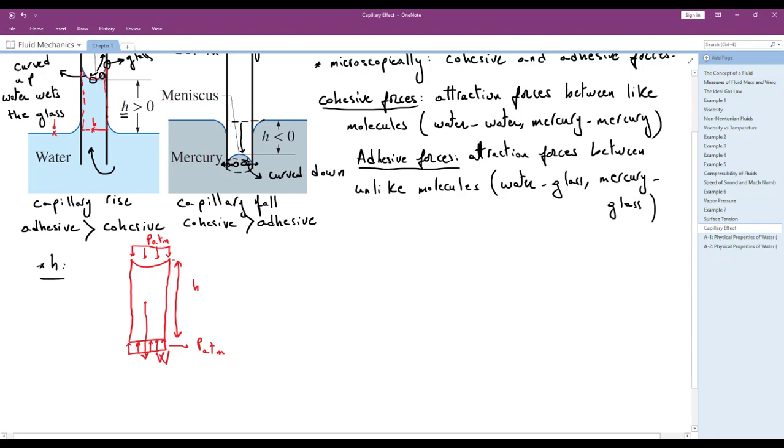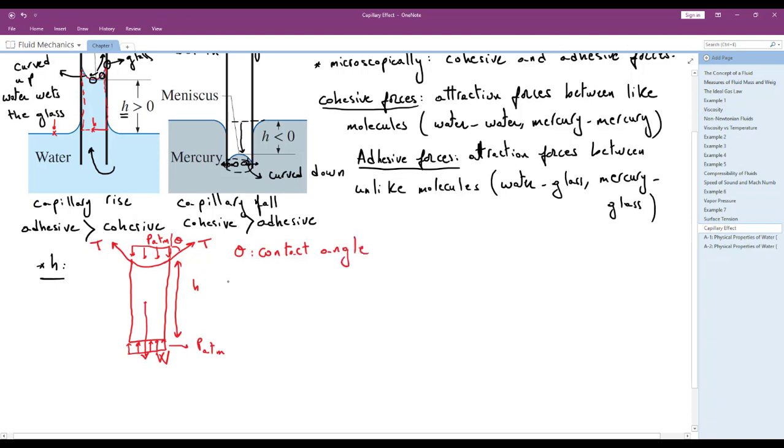And here we have also the surface tension force tangent to the liquid surface at the contact region between the liquid and the solid, with an angle equal to theta with a vertical line, and theta is called the contact angle.